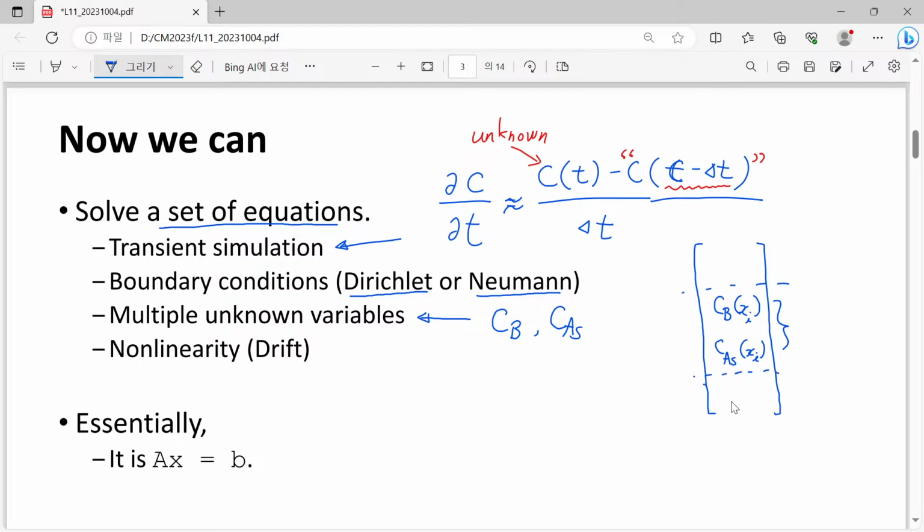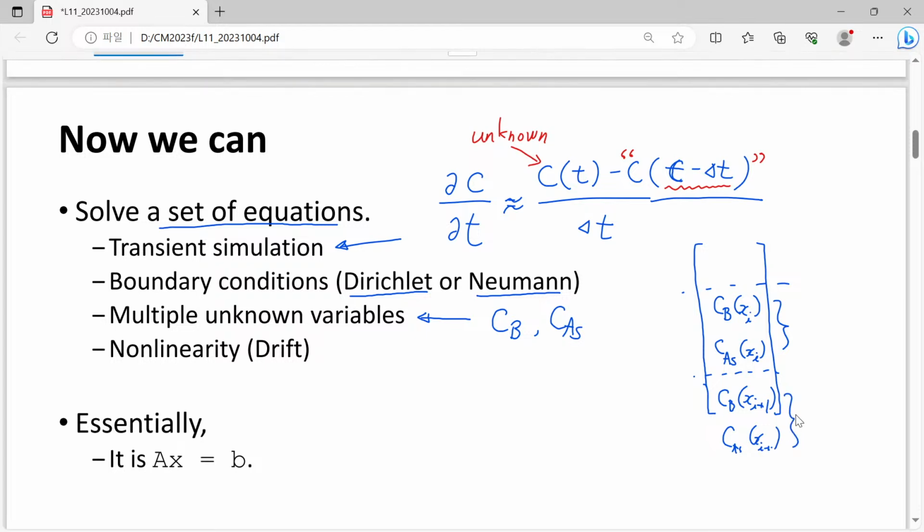After that, we introduce another set, C_B(x_{i+1}), also C_As(x_{i+1}). This kind of position-wise assignment was recommended.